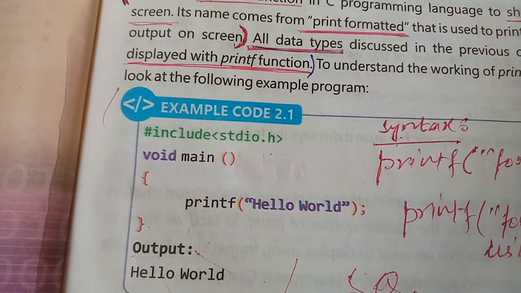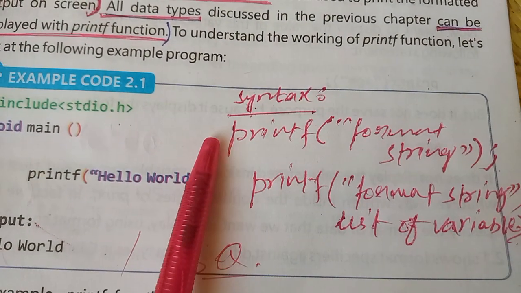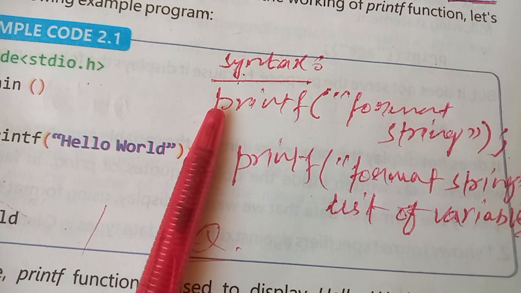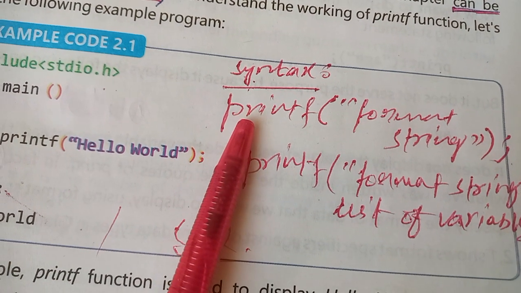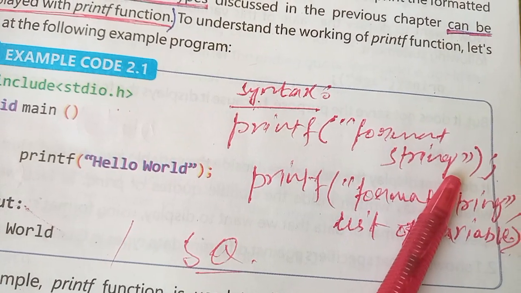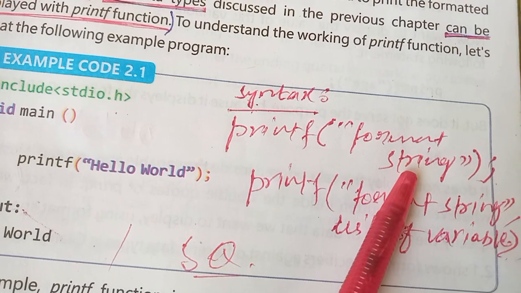Okay, so here is the syntax of the printf function. It is not written in the book, but I have written it for you. Printf, inside double quotes you will write a format string. What is a format string?